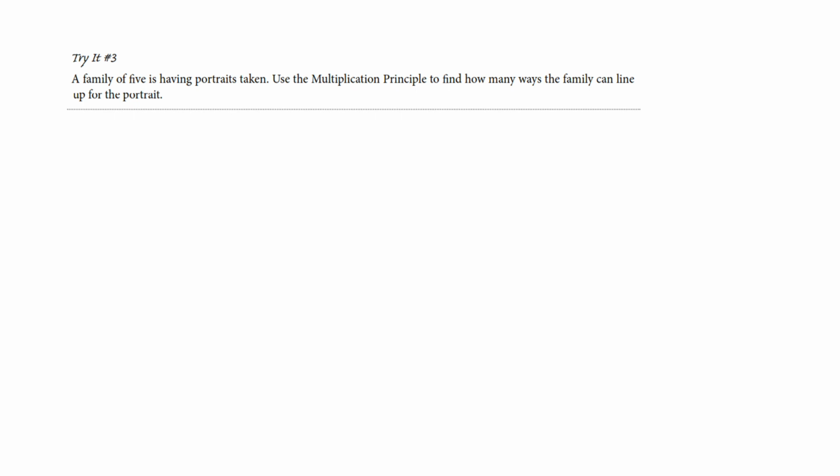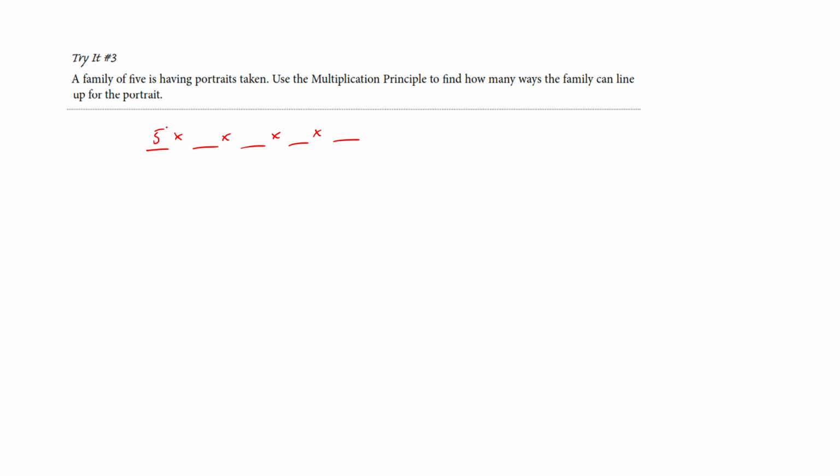Okay, so we've got a family of 5. The family is lining up for a portrait. So the same idea. We've got our 5 spots here. Now, how many possible people could be the first person in line? Well, 5 of them could be, right? So these are all going to be multiplied. We've got 5 of them. But somebody's standing there.